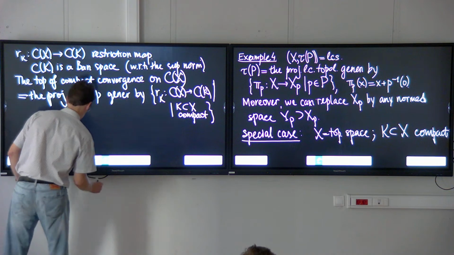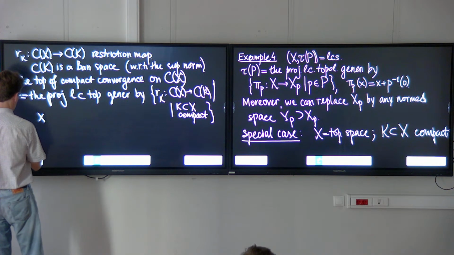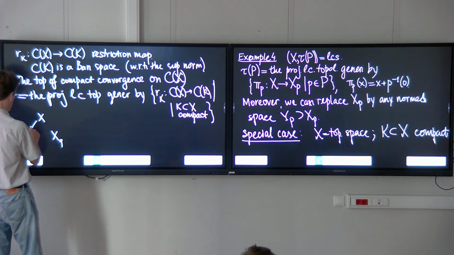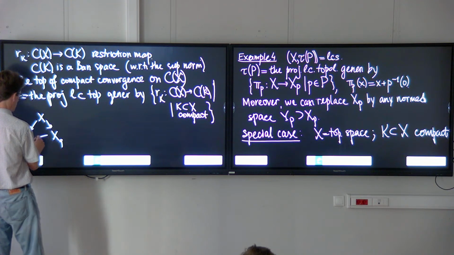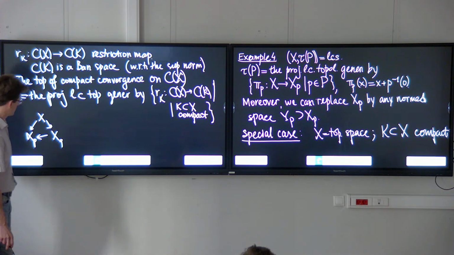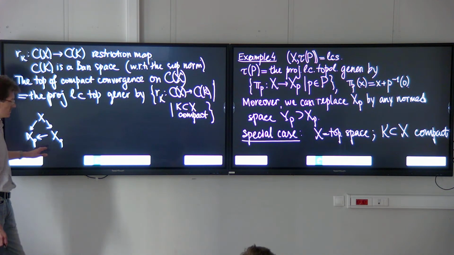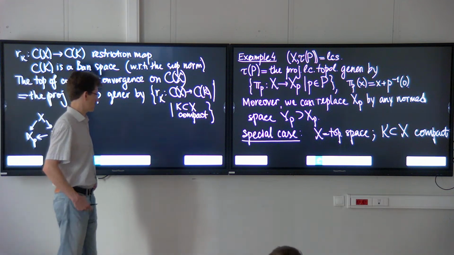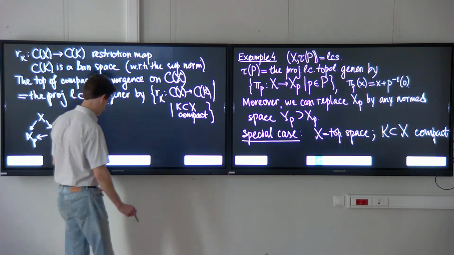If we have two norms, say P and Q, we have a map from here to here, and if Q dominates P, then we have a map from here to here. That's true, continuous in the norm topologies. But in general, it is not an isomorphism. Of course, Q may be stronger than P, and this observation will be useful when we discuss completions. In fact, in many cases, completions can be reduced to projective limits, which is quite useful.